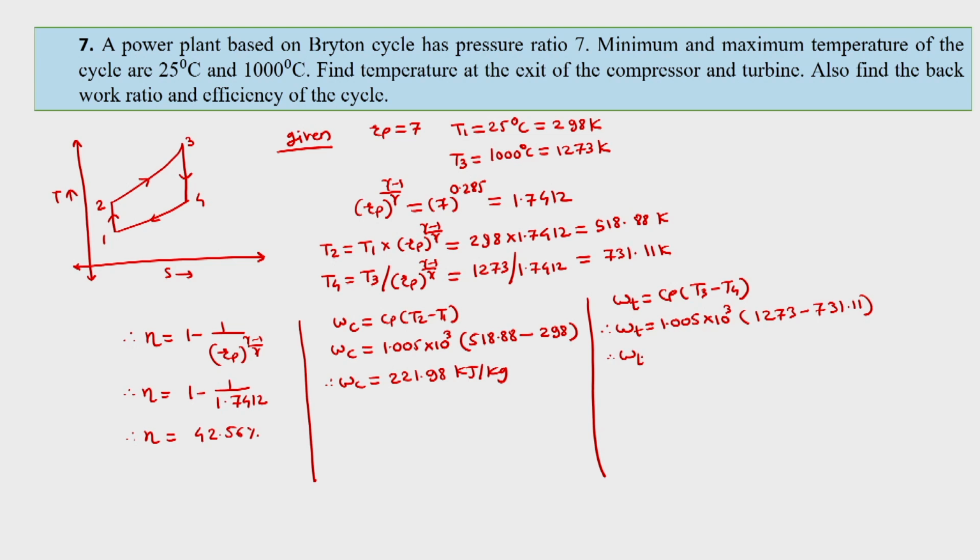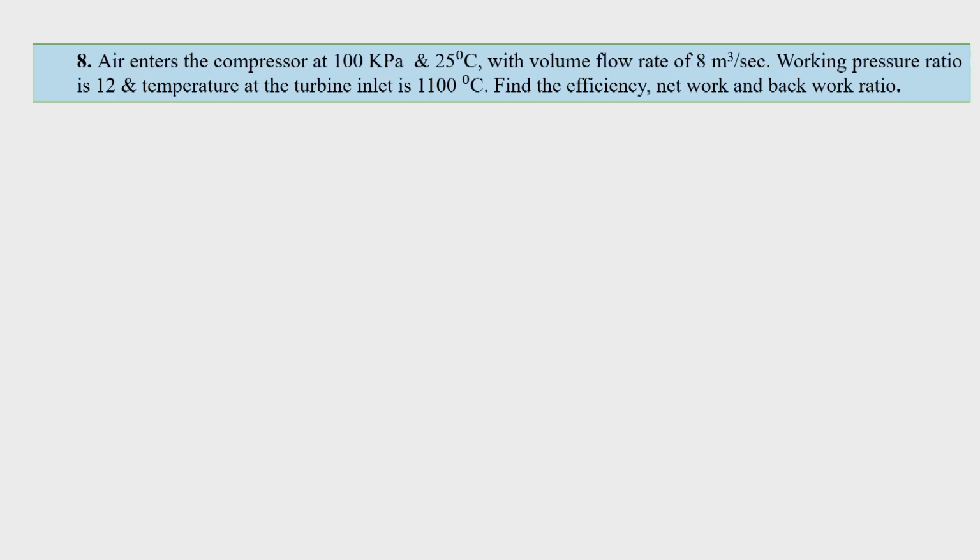So this gives us turbine work as 544.6 kilojoule per kg. So we can find out the asked quantity, which is back work ratio, WC divided by WT, and it turns out to be 40.76%. So we will move on to the last example.